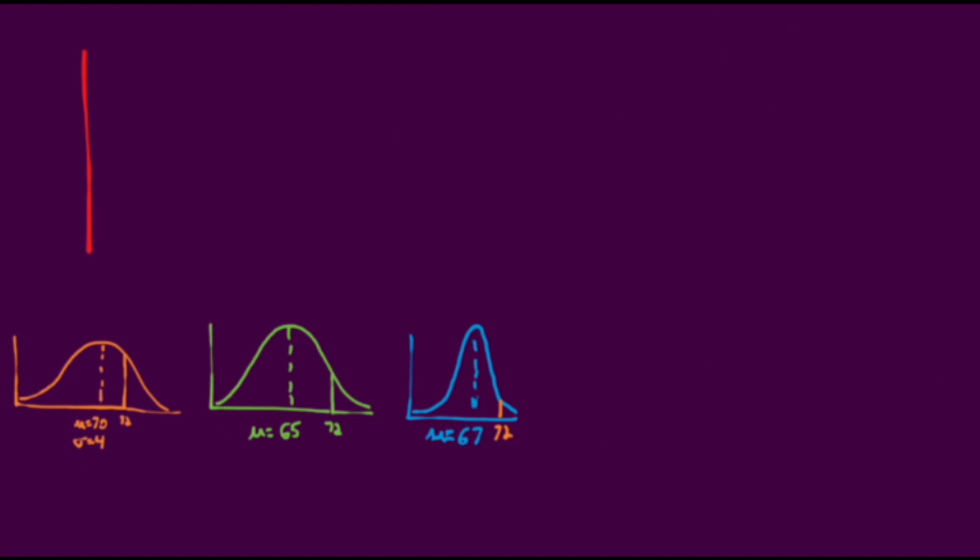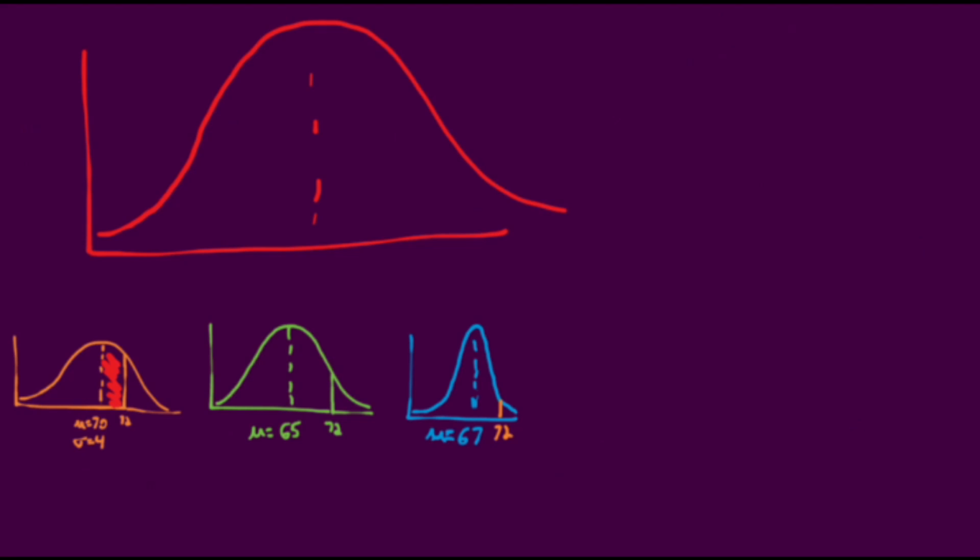The likelihood that a male is between 70 and 72 inches is this shaded region, and as we've talked about, to find it we would need to figure out the area under that curve. The helpful thing here is that we can turn to the standard normal probability distribution with the mean 0 and the standard deviation of 1.